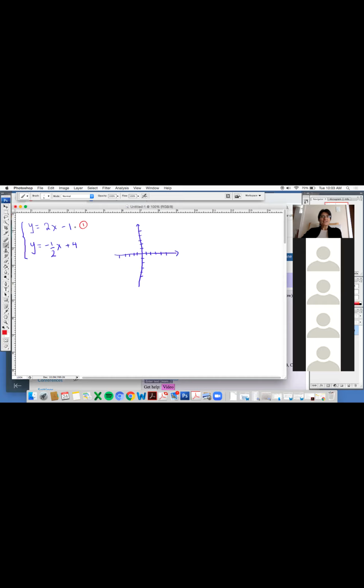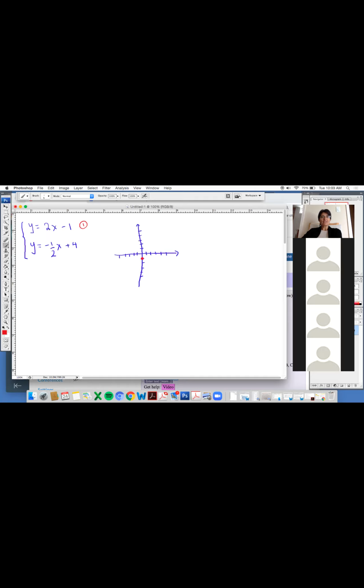Okay, so those graphing lines that we learned in the last chapter are very useful for the rest of the semester. We're going to keep coming back to them in other math classes if you're taking them. So y equals 2x minus 1. It's in y equals mx plus b form. So negative 1 is my starting point, right?